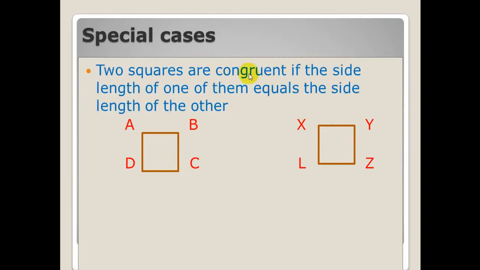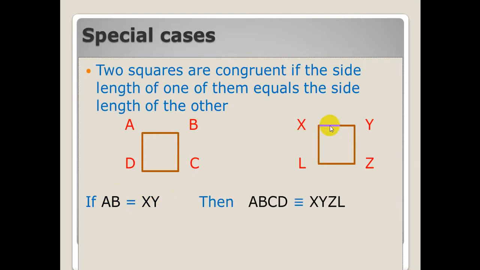Here, two squares are congruent if the side length of one of them equals the side length of the other. So AB equals XY. If here is 5, here is 5. Why?